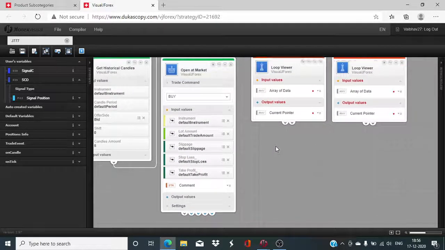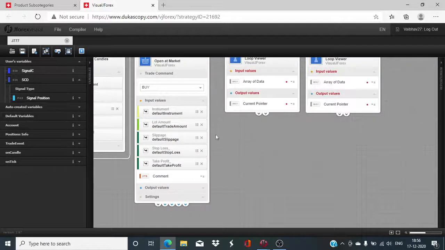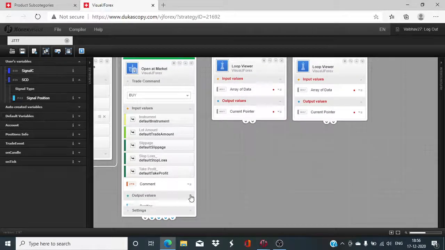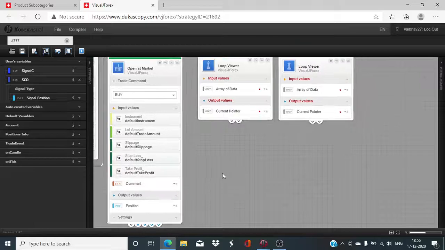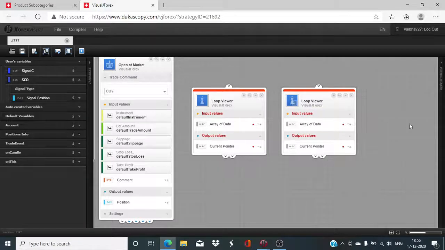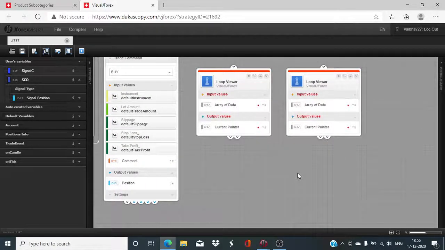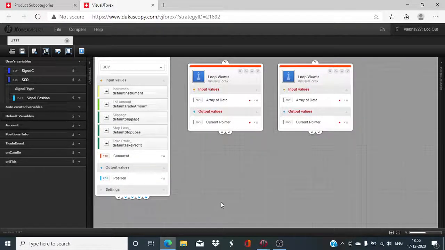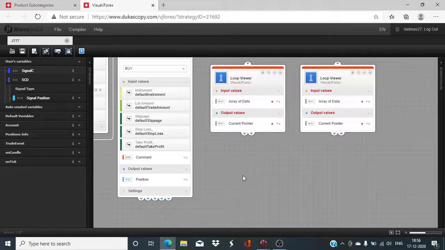Once we set the trade conditions, and whenever those conditions are met, the trade will happen and then the position will be generated. That position then can be used further down the line in the array of data for monitoring it, and if any particular component is met, then we can close it, partially close it, or we can change the stop loss or any other component.